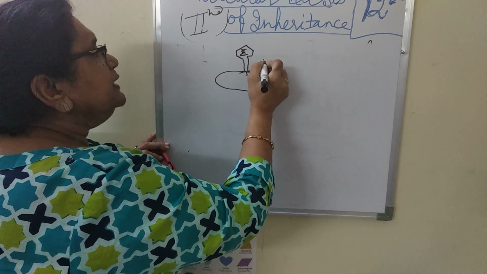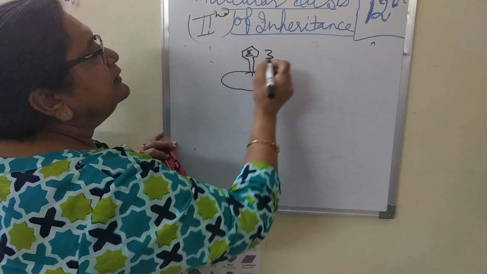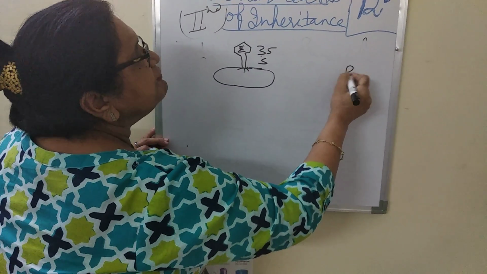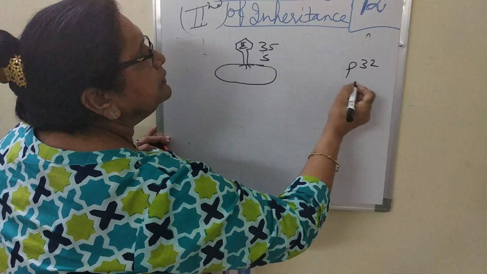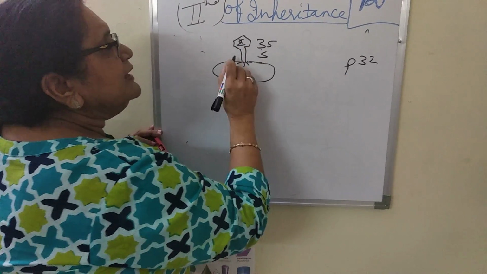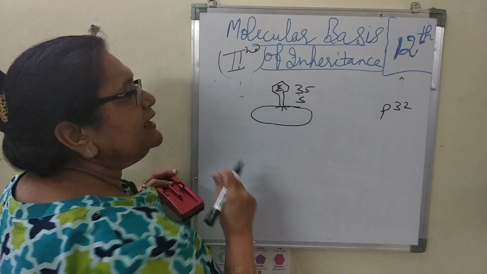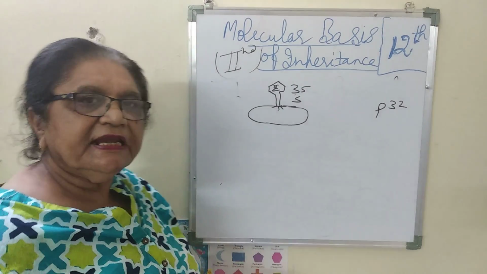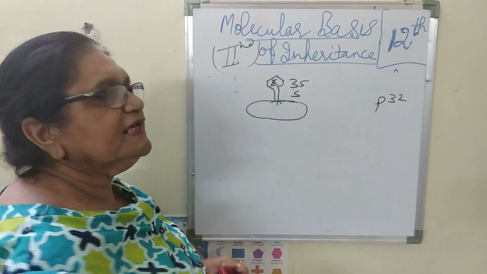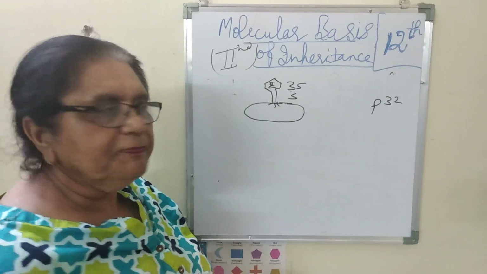This is sulfur 35 and phosphorus 32. In one case, this is the protein coat and this is the DNA. In one case, DNA is radioactive or labeled. In the second case, the protein coat was labeled.